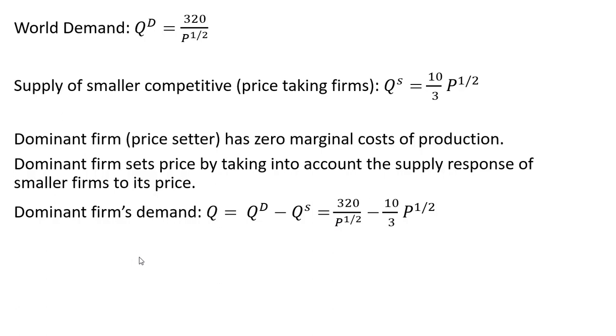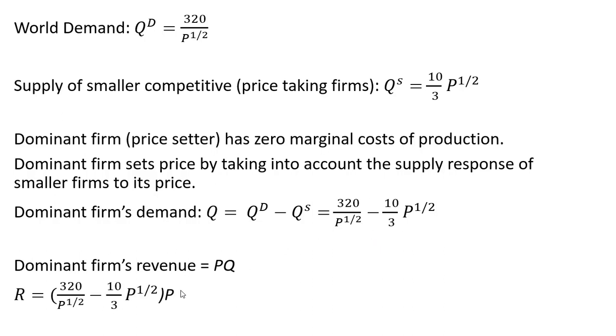The next thing we're going to get is the dominant firm's revenue, which is price times quantity. So we got the dominant firm's demand expressed as a function of price, and we're just going to multiply that by P. So we got revenue here as a function of price.